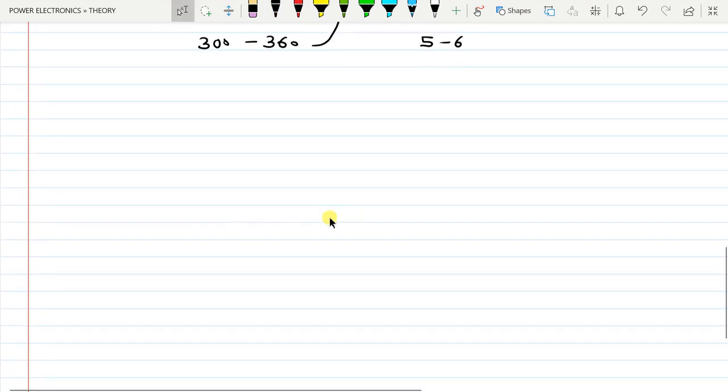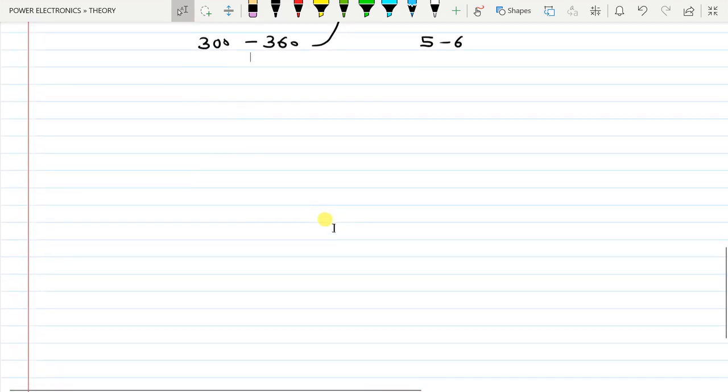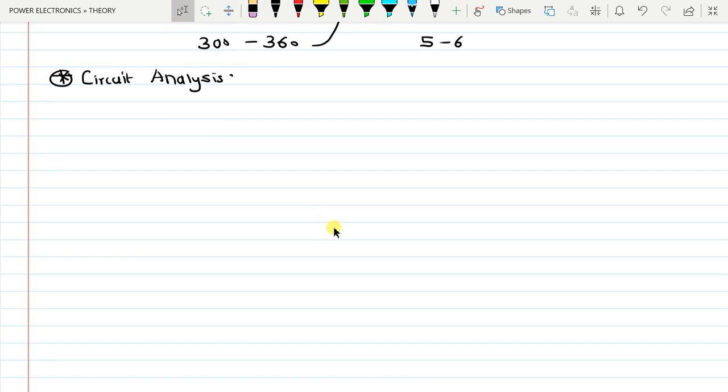Okay. So to find out the values and the nature of the phase and line voltage waveforms, we can simply use this conducting pairs lookup table to draw the equivalent circuits. So as said before, a conducting transistor is to be replaced with a short circuit and a non-conducting transistor to be replaced with an open circuit.